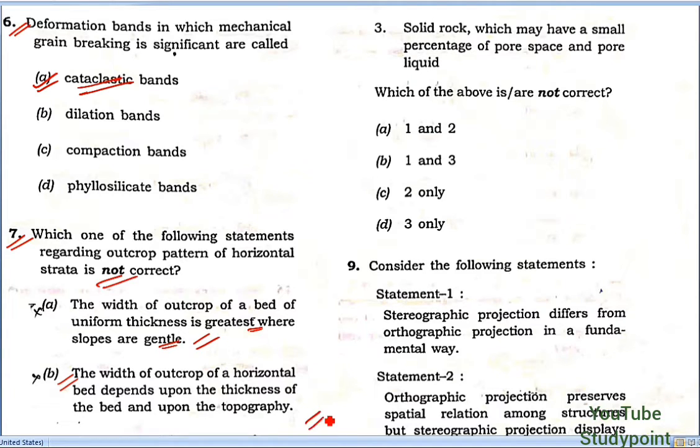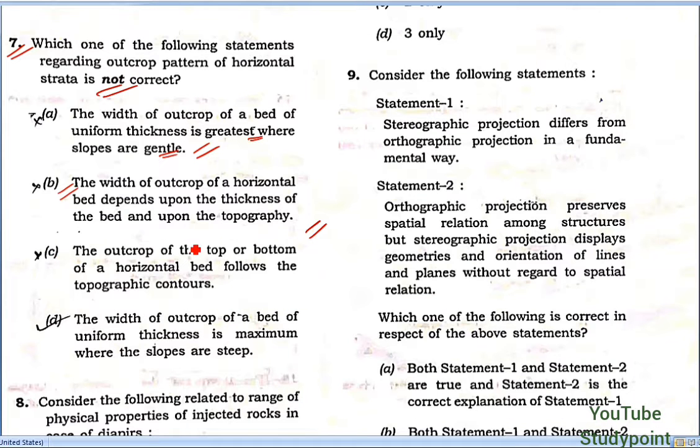This is right. Option C. The outcrop of the top or the bottom of a horizontal bed follows the topographic contour. This is right. The width of outcrop of a bed of uniform thickness is maximum where the slope is steep. This is wrong because there it should be minimum.